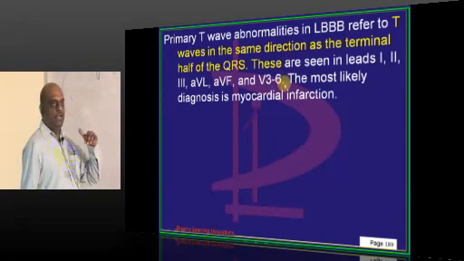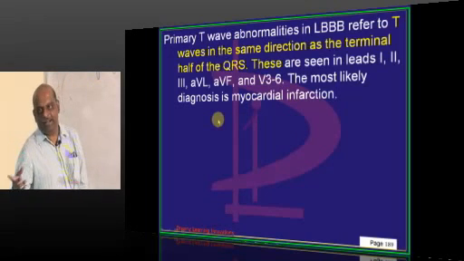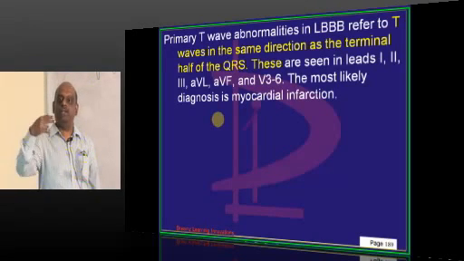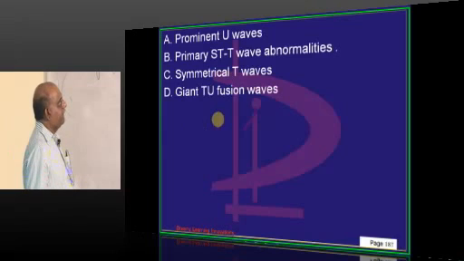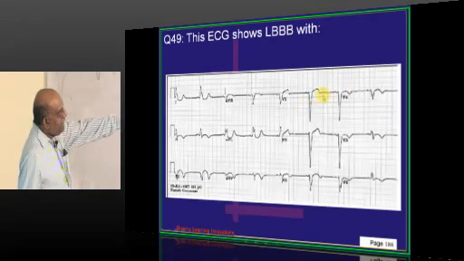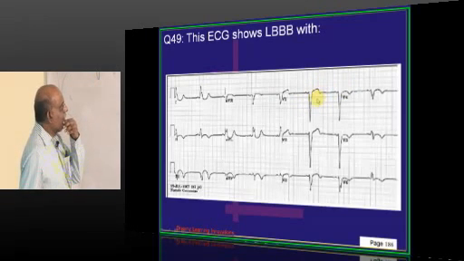QRS can be either positive or negative. After QRS you are getting T wave. You look at how the T wave is, how the QRS complex is. You see the QRS complex. Where is the QRS complex that you can appreciate?